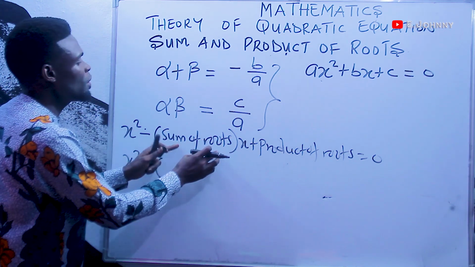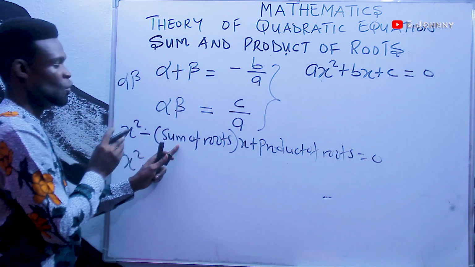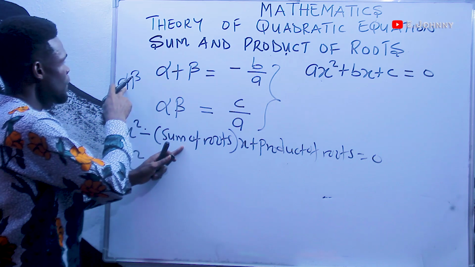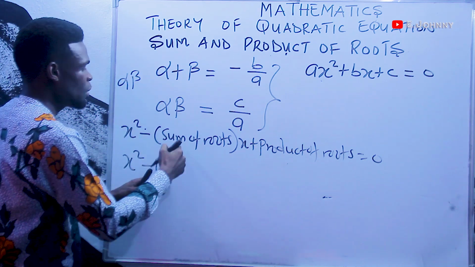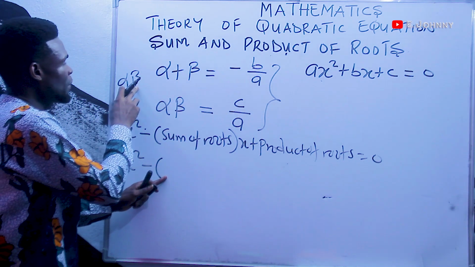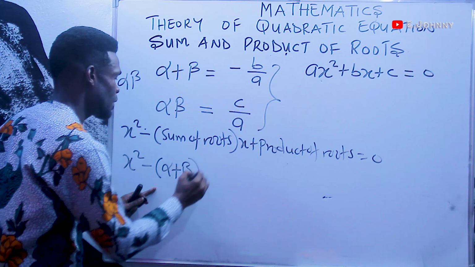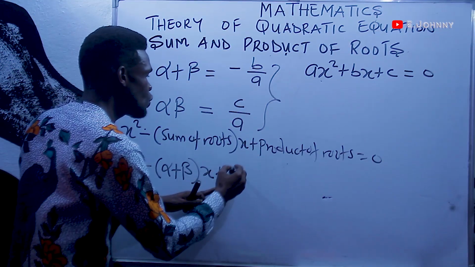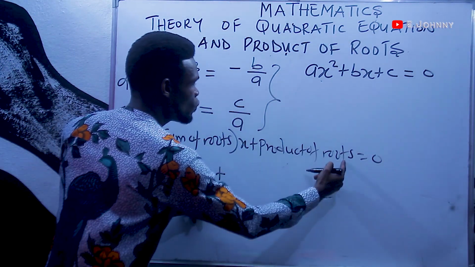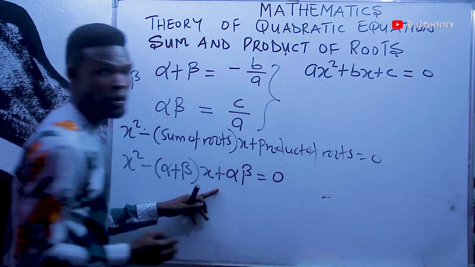And now we are saying that let the roots be alpha and beta. So in the place of sum of roots, I am using the roots now to be alpha and beta. So x squared minus alpha plus beta x plus product of roots, that is alpha times beta, equals to 0.